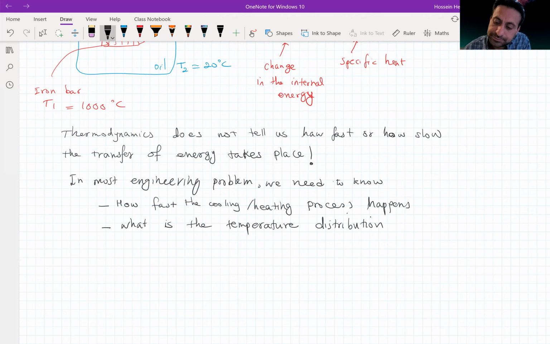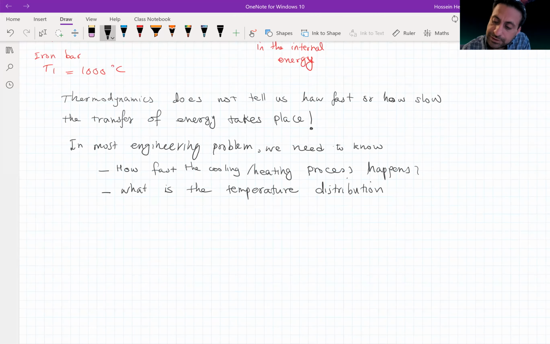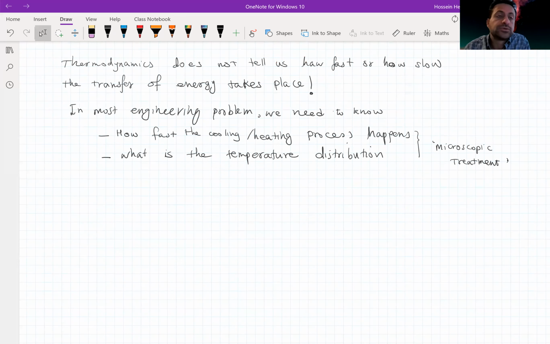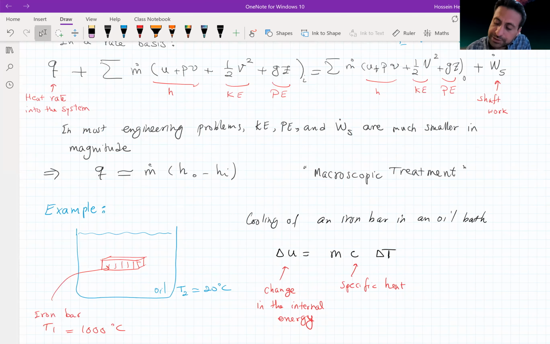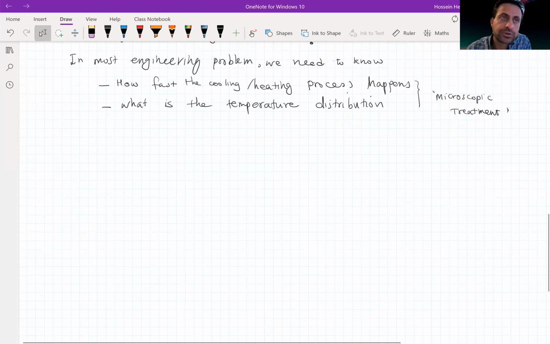And that's what we refer to here as a microscopic treatment. Of course, that could involve many other things, but for the sake of our discussion here, this is what we are referring to as a microscopic treatment, as opposed to the macroscopic treatment that we could get from thermodynamics.